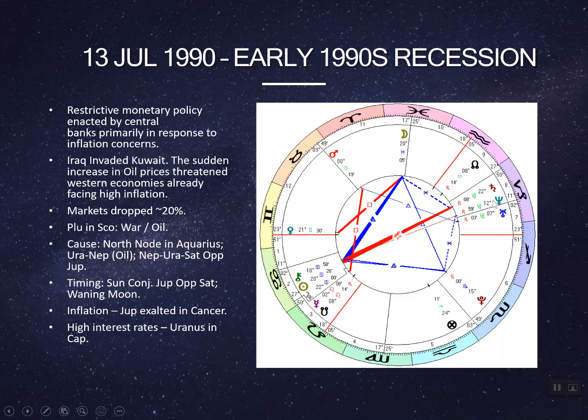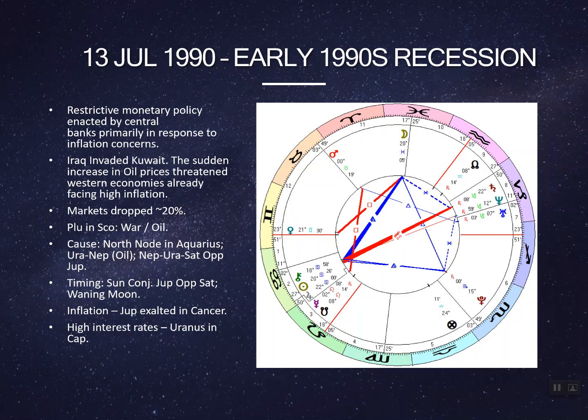Neptune is a ruler of oil, and Uranus causes abrupt, sudden movements. It's a planet that seems to shake the order and the norm. It creates market bubbles, and is a cause of essentially havoc throughout our world. A lot of wars and earthquakes can be linked back to Uranus. So we can see the fact that these three are in such close proximity is another cause and factor for this market crash.